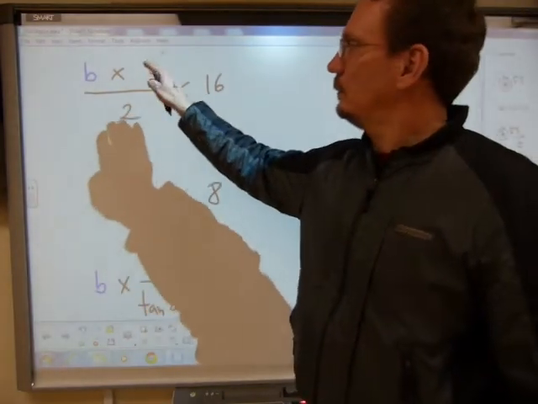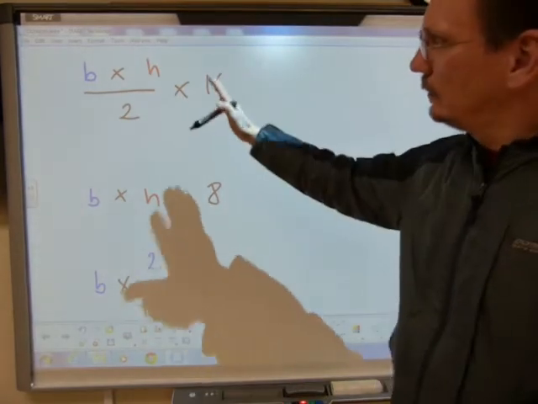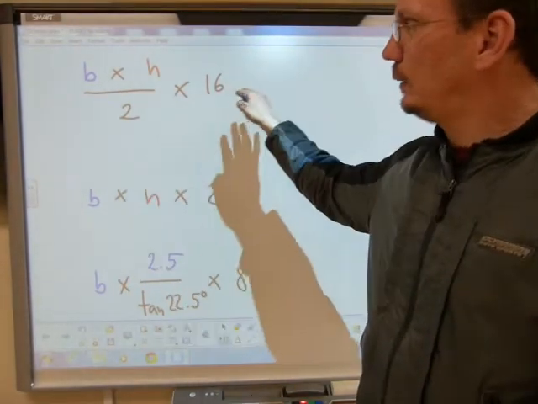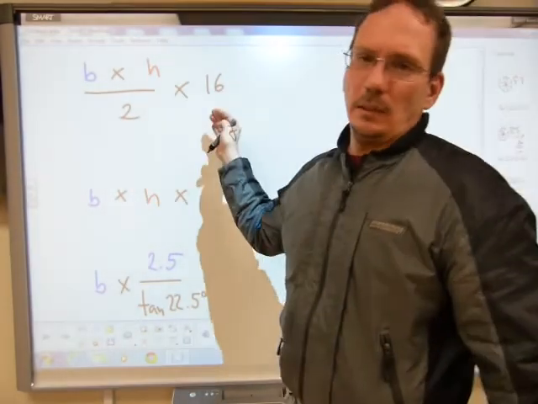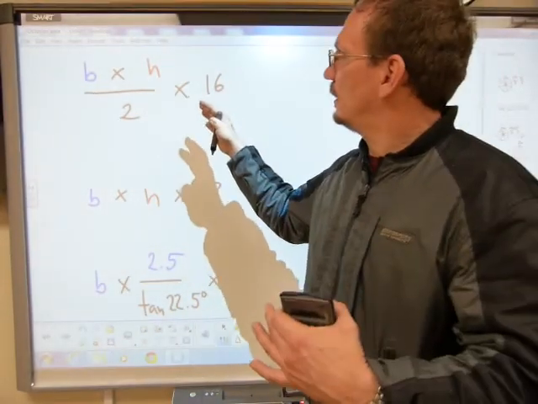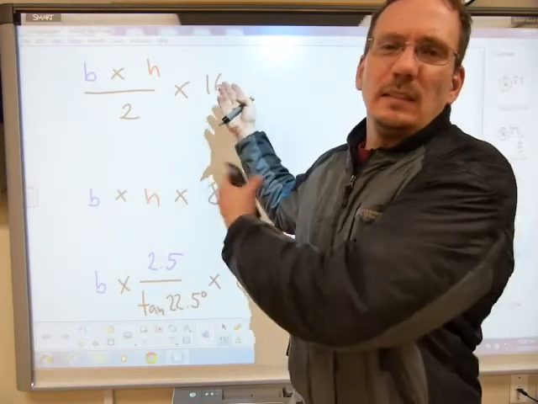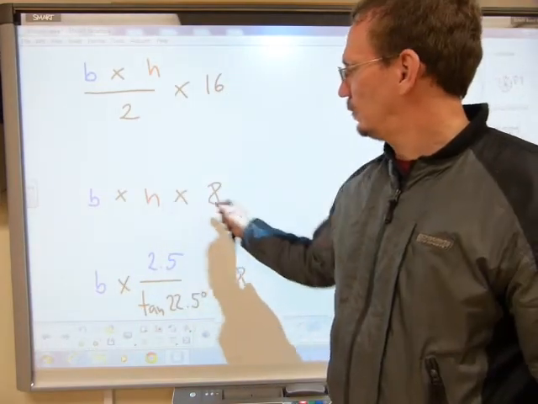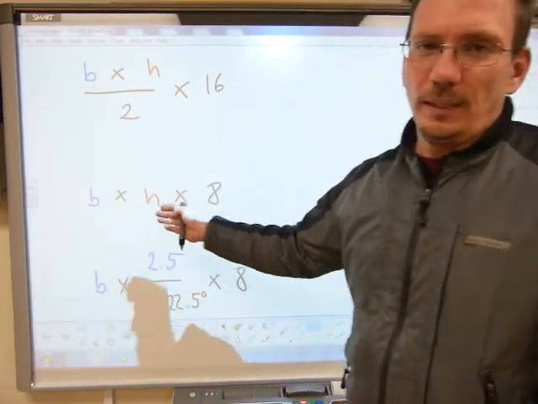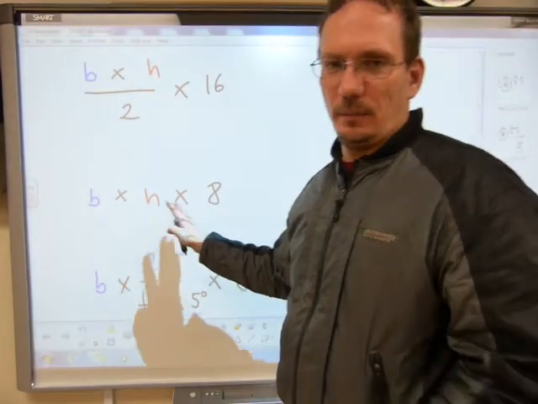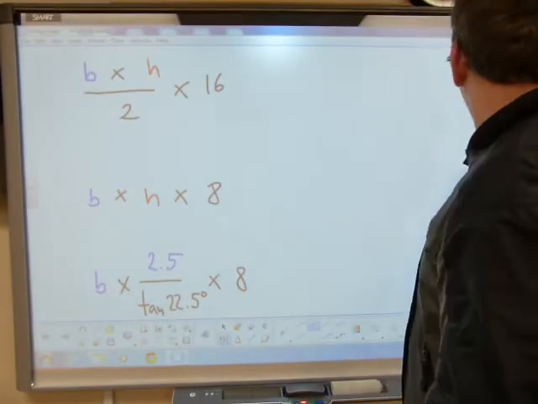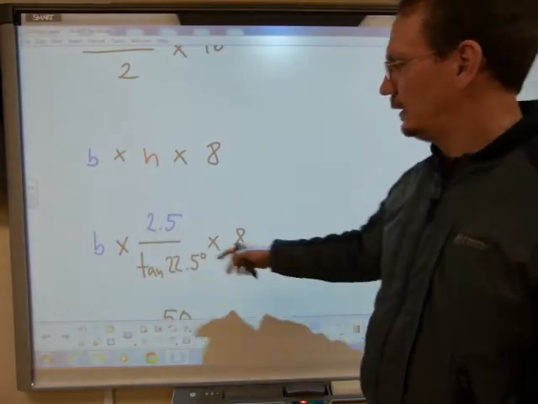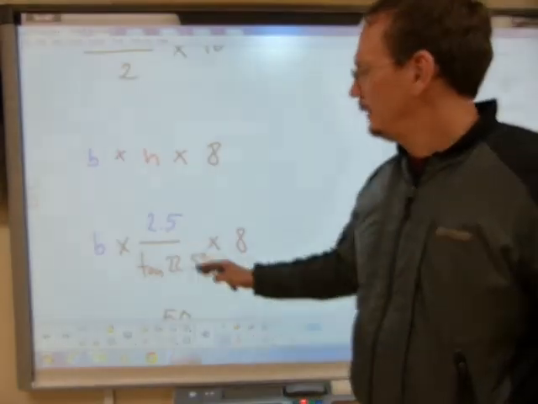So what we did again, we took the base and the height, times them together, divide by 2 and times by 16, but instead of dividing by 2 and timesing by 16, we might as well just not divide by 2 and instead just times by 8. So that's what I wrote up here. We had the base, we had the height that we calculated with the tangent, and then there is the times 8. And one more equation down here, I have the same thing.